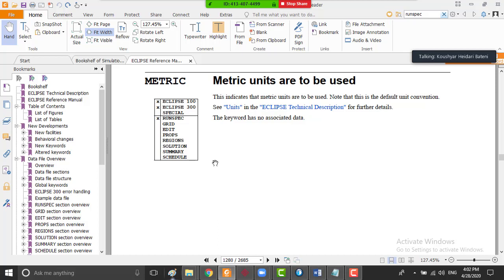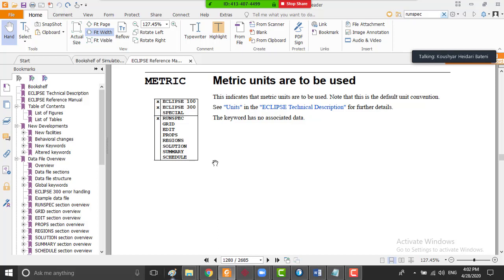The unit of the data that you put into your data file can be in metric system, in field system, and in lab system. When you're working to simulate a real-life reservoir, and in most of your simulations you're going to use field units, but there's still other conventions included, which are metric and lab.